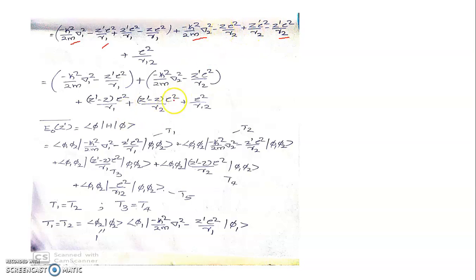So e square by R2 into Z prime minus Z, plus the interaction energy e square divided by R12. So the first step of applying the variational method is almost done.